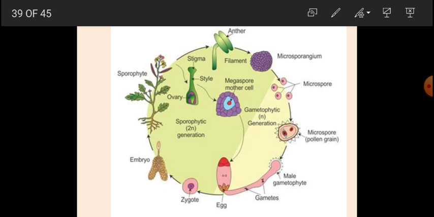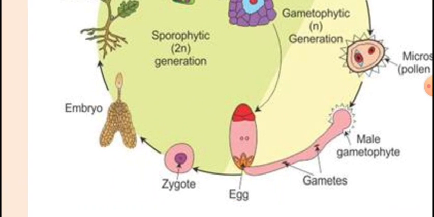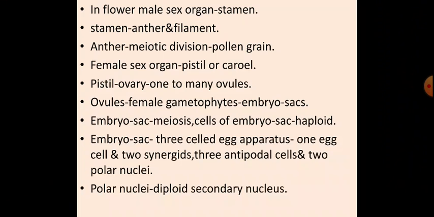One of the male gametes enters the egg, fusing with the egg to form a zygote. See here, egg. One of the male gametes fuses with the egg to form a zygote, and this process is called syngamy or fertilization.